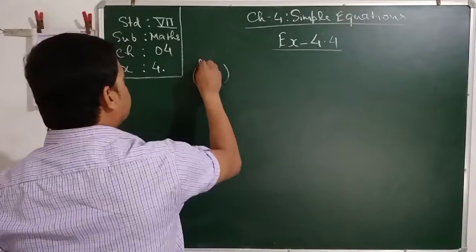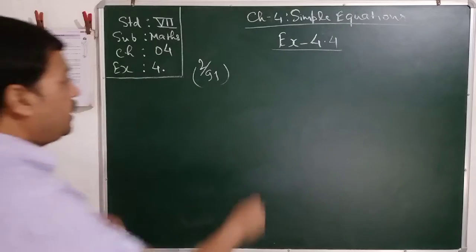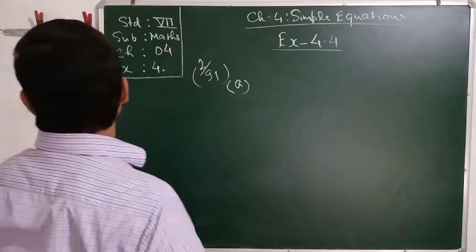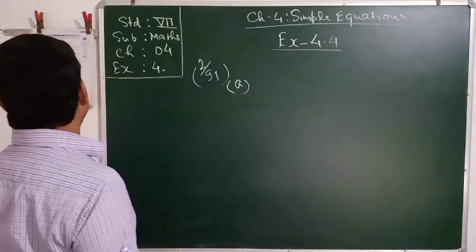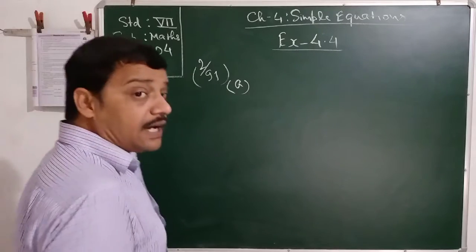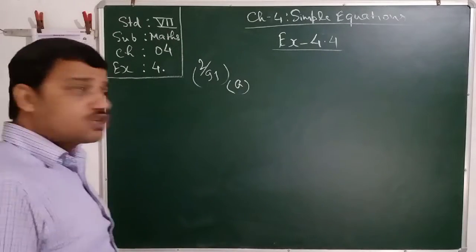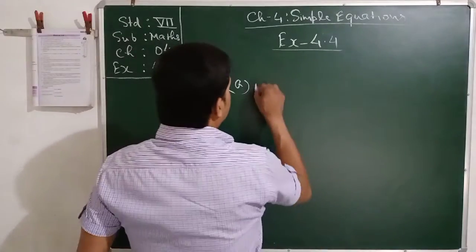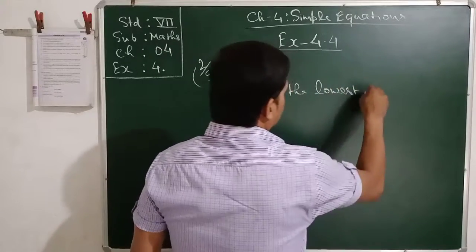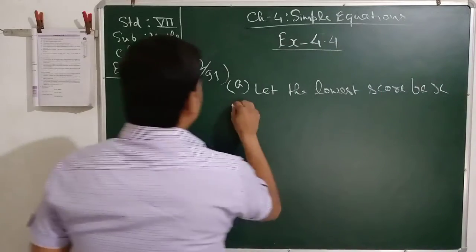In the second sum, in the A number, the teacher tells the class that the highest marks obtained by a student in a class is twice the lowest marks plus 7. Highest mark is also given, that is 87. What is the lowest score? Let the lowest score be x according to the question.